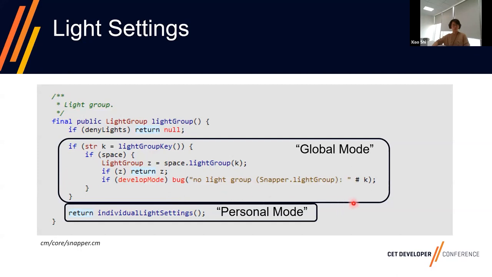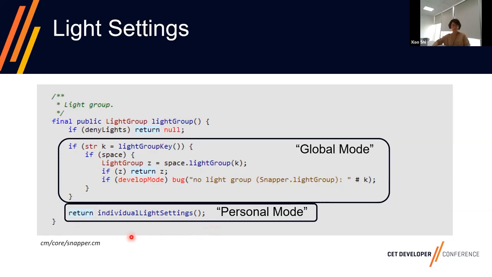And here, this piece of chunk, I will call this, it will try to search the global mode light group. If it can get a light group key, which is a key pointer, it gets that key to search inside a space and try to get the global mode light group. If it has found anything, then just return that. If not, you will fall into the personal mode group, which is controlled here, called individual light settings.